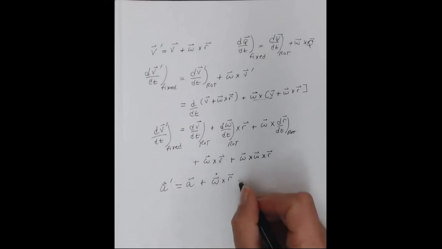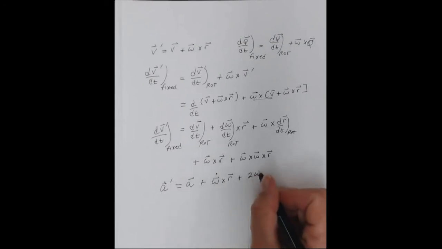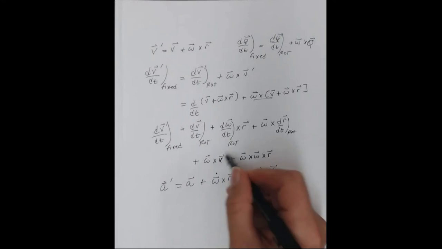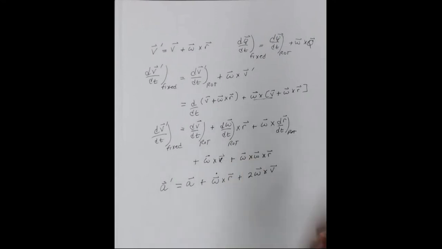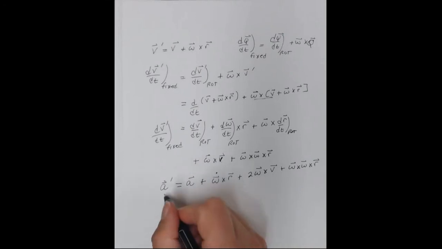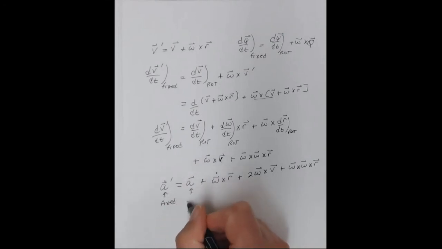So we have two terms of that, so we have 2 times omega cross the velocity. There's supposed to be a velocity there. That's this. And then we have left omega crossed omega crossed r. So this is from our fixed frame, and this is from the rotating frame.